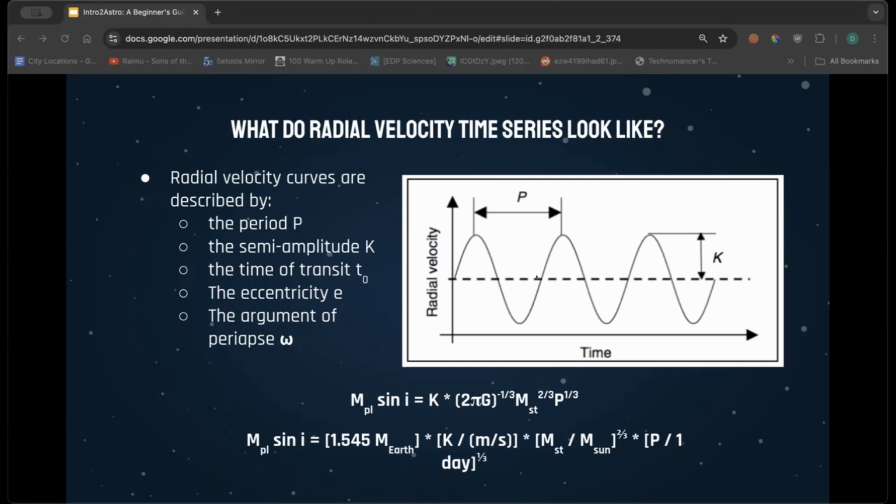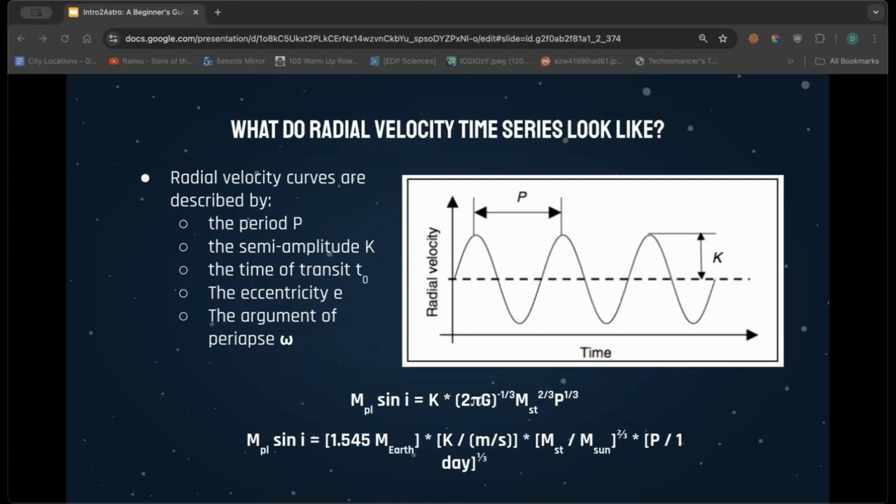But if you look at the circle that the star traces out, the star is moving tangentially to us right at that time. And so the radial velocity curve is 0, but increasing. So like right here, we would expect to see a transit if the planet were transiting.